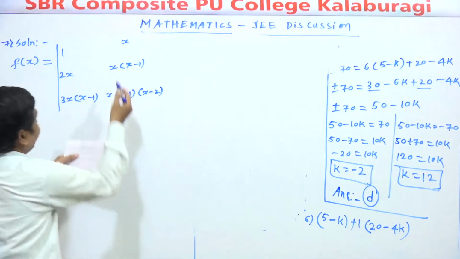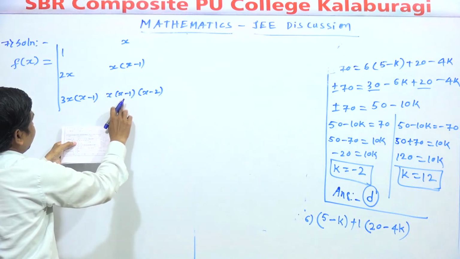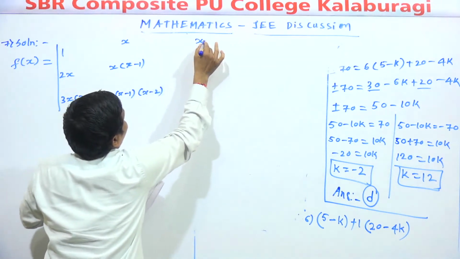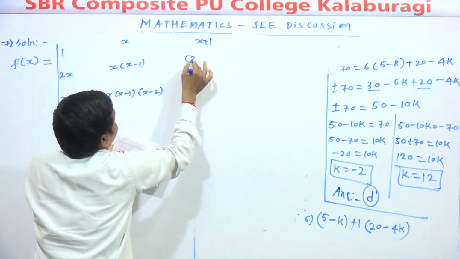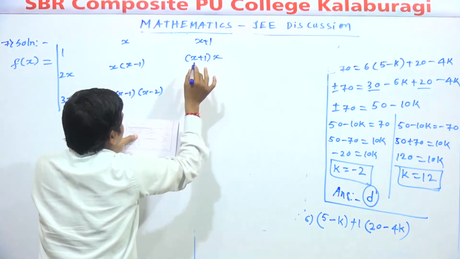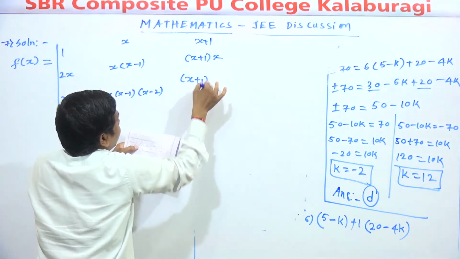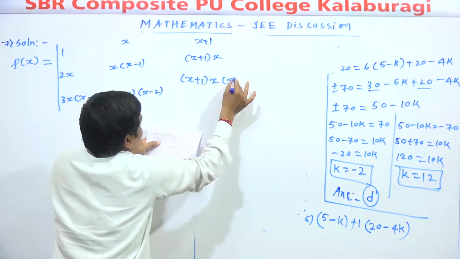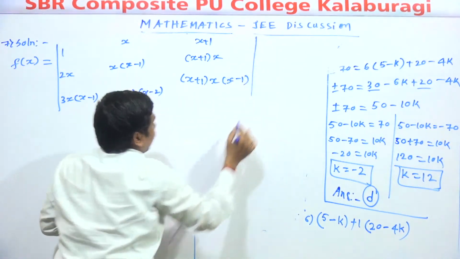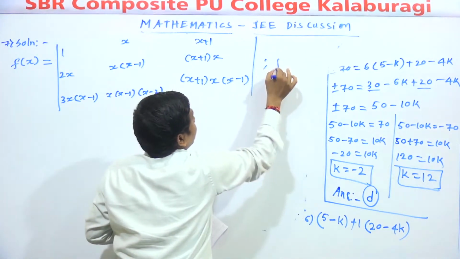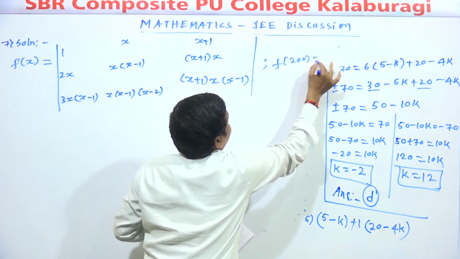x into x minus 1, x into x minus 1 into x minus 2, x plus 1, x plus 1 into x, x plus 1 into x minus 1. What is he asking? He is asking for f of 200.